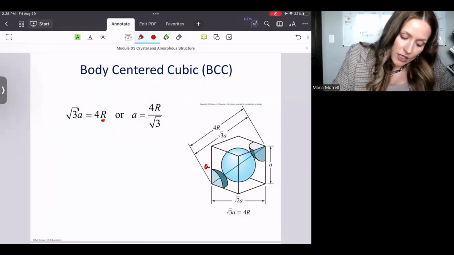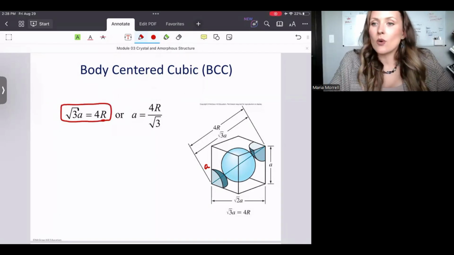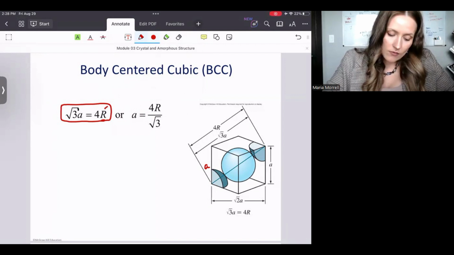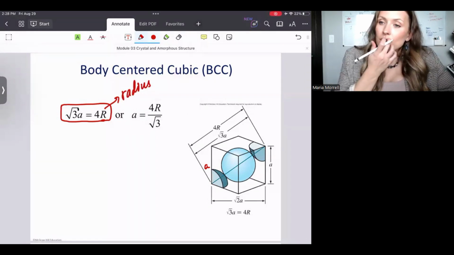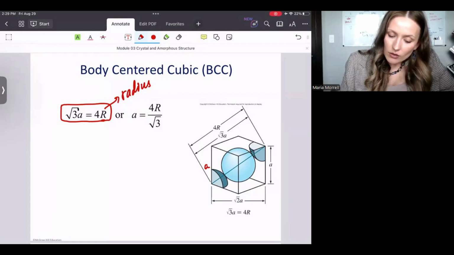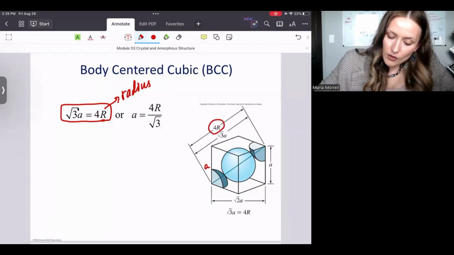Now, the relationship is already given to you right here, right? And that is the square root of 3 times the length A, and it's equal to 4 times the radius, okay? This is the radius. Why don't we understand where it comes from? Because it is extremely easy, okay? Well, this 4 times radius comes from, this is just this line, right?